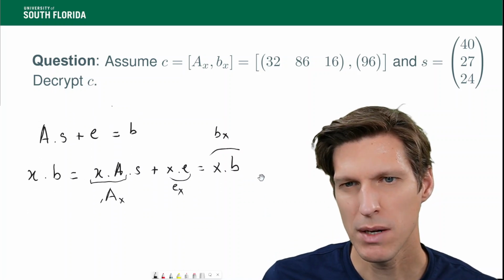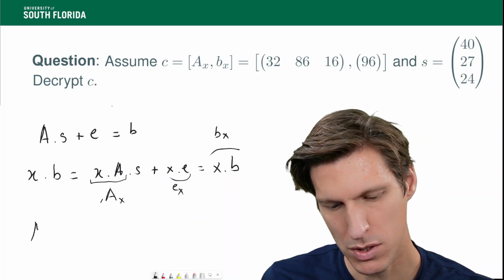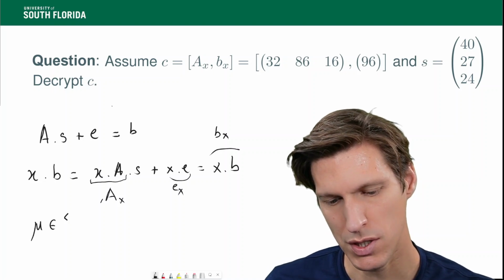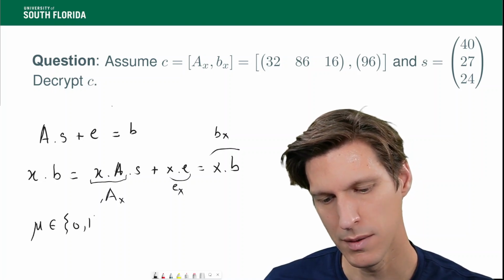All right. And so here, what I want is to be able to encrypt a message. I call that message mu, and typically mu here is just a 0 or a 1.